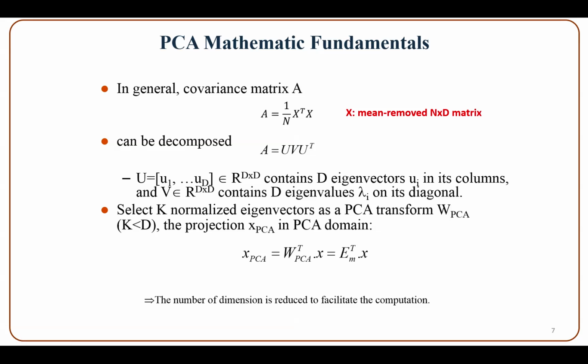We can select k normalized eigenvectors as a transform, and k is less or much less than the number of dimensions d. Then we get the projection in the PCA domain of the data for each point or vector.